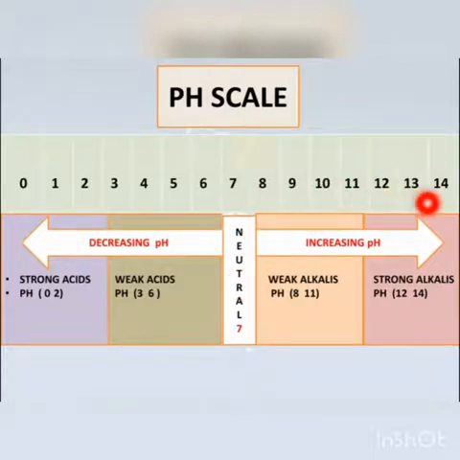From 8 to 14, pH is increasing, and from 8 to 11, that is 8, 9, 10 and 11, if a solution's pH falls in this region, it will be considered a weak alkali, meaning weak base. And from 12 to 14, if the pH of a solution falls in this region, it will be considered a strong alkali, meaning a strong base. Okay.